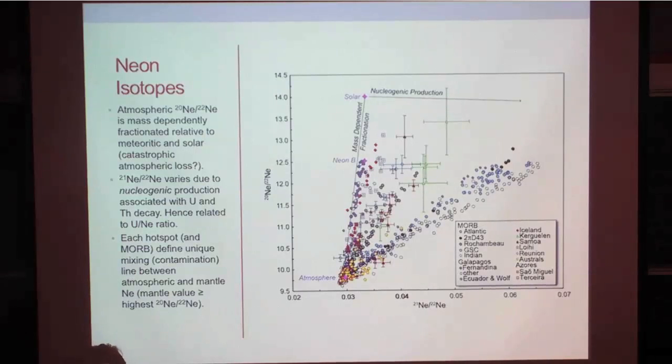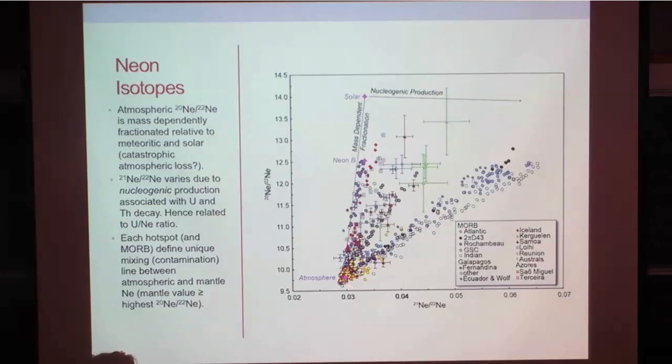And so the longer something's been in the mantle, and even more so in the crust, by the way, but we're not going to worry about that, and the higher the uranium to neon concentration in the mantle, the further over you'd be on this nucleogenic production. So this is something of a measure of the degree to which a reservoir's been degassed, because this would be high uranium to neon, lower uranium to neon. We see this variation here in mid-ocean ridge basalts, mostly here, a fairly degassed kind of reservoir.